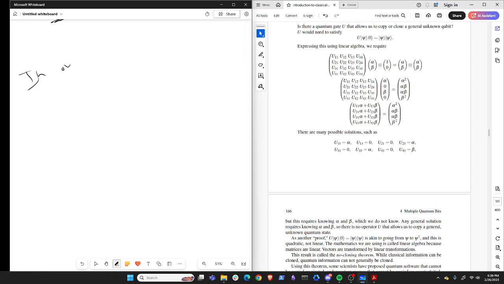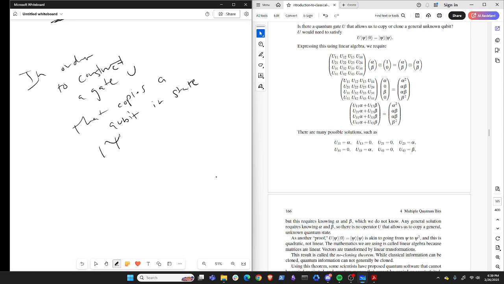So in order to construct a gate U that copies a qubit in state psi, whatever arbitrary state it is in, we would actually first need to know the amplitudes alpha and beta for the qubit that we are trying to copy.